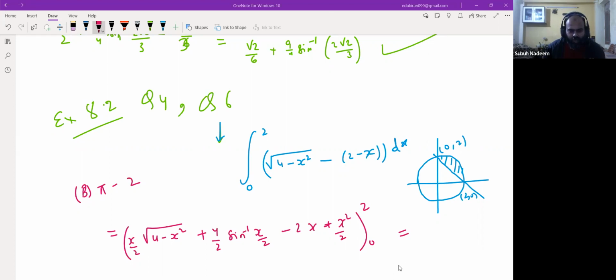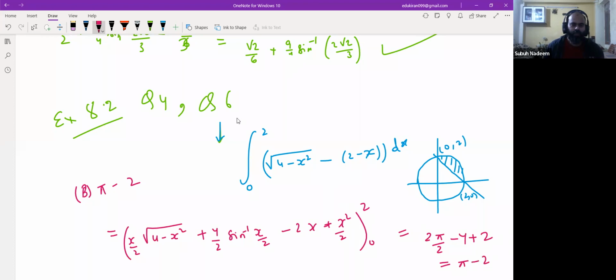If we put the limit, this will be 0 minus 0, then it will become 2 sine inverse 1, pi by 2, or 0 minus 4 plus 4 by 2 is 2, so it will be pi minus 2.